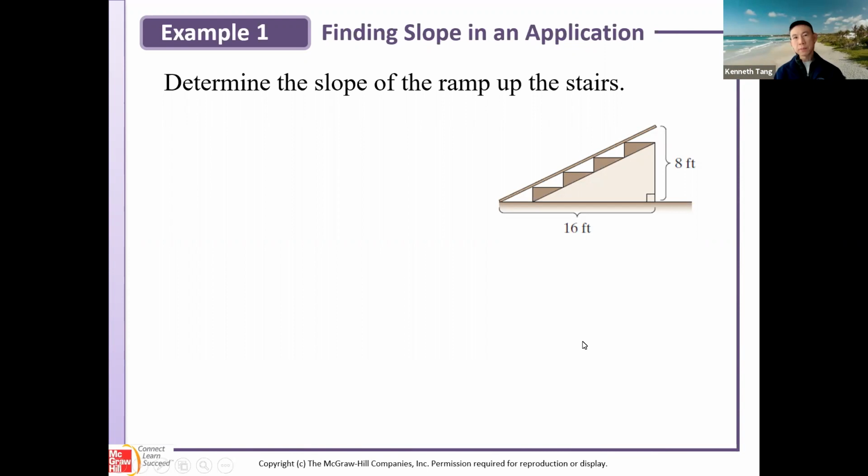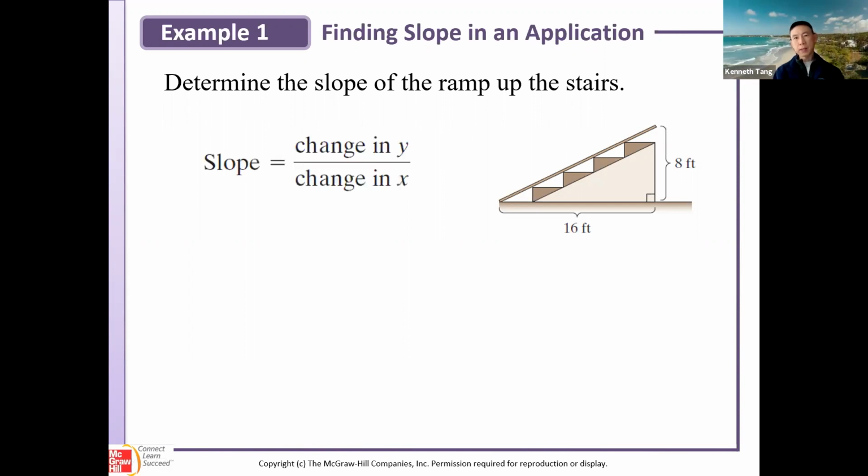In order to determine the slope, you always have to find the rise over the run: the change in y, the change in elevation, divided by the change in the horizontal distance.